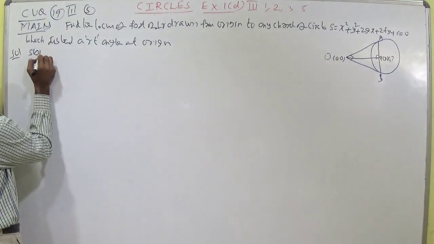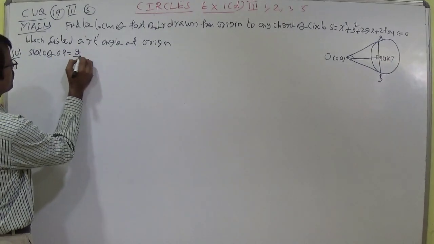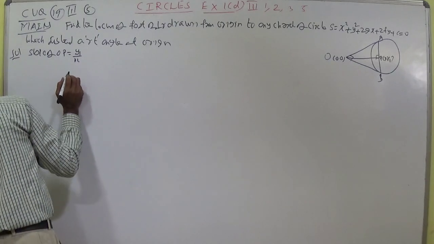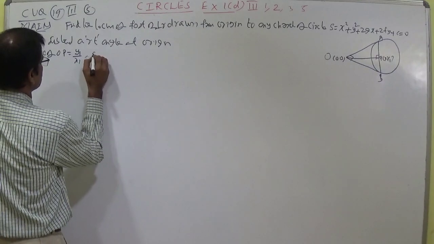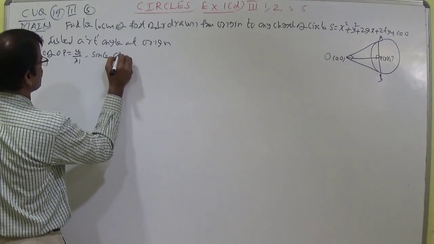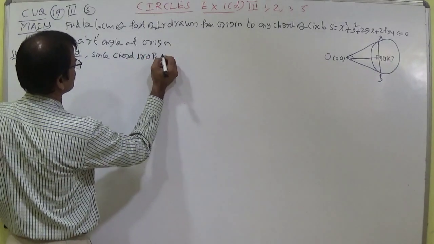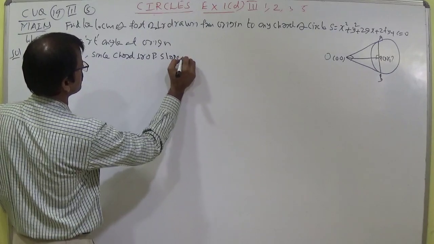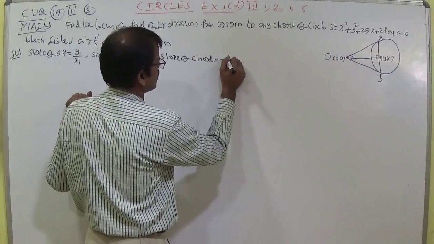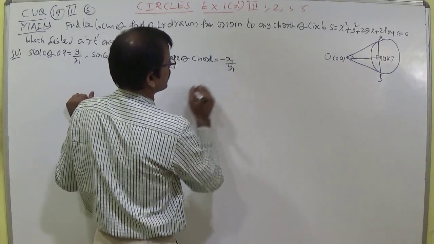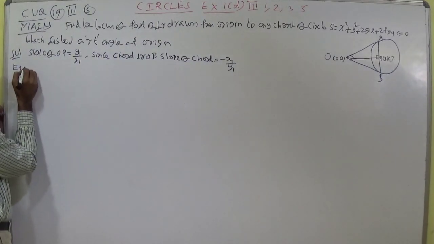Slope of OP, right? Slope of OP is equal to y1 by x1. Since chord is perpendicular to OP, slope of chord is equal to minus x1 by y1. Now we can write equation of chord.